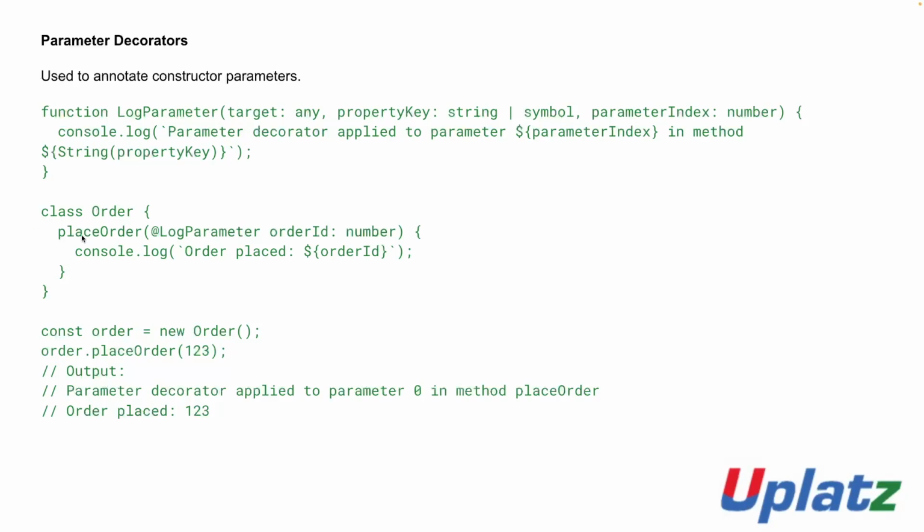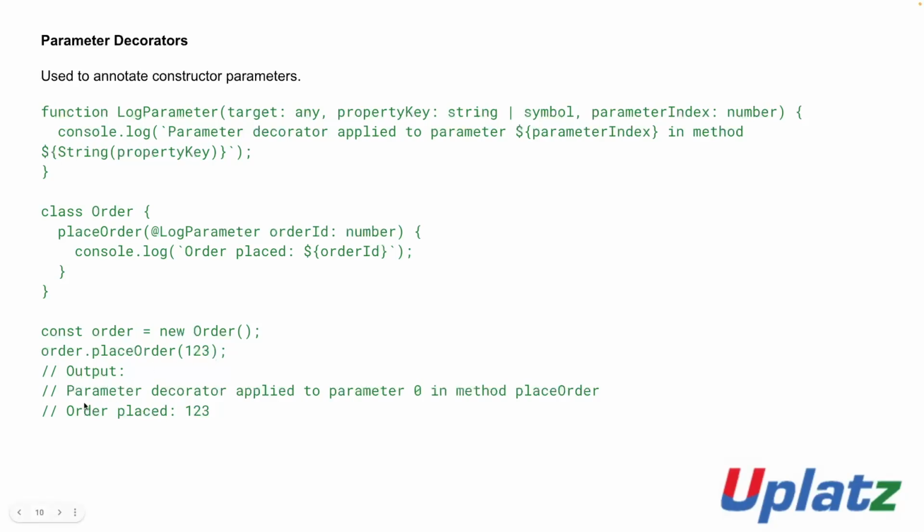Class Order, placeOrder, at logParameter, orderId colon number of type number. console.log order placed, console.log within backticks order placed colon dollar within curly braces orderId, backtick is closed. const order = new Order, placeOrder 123.